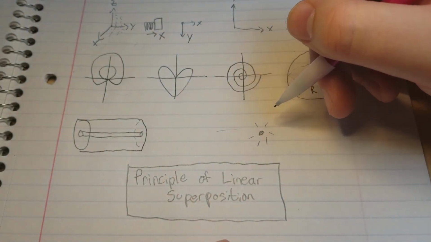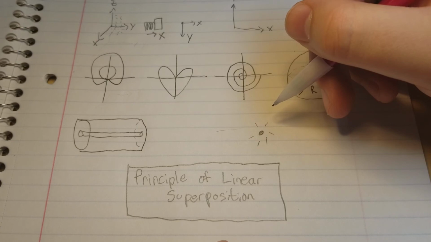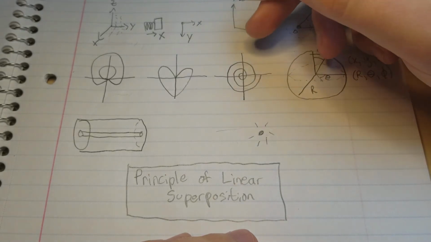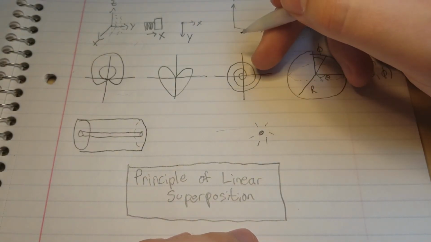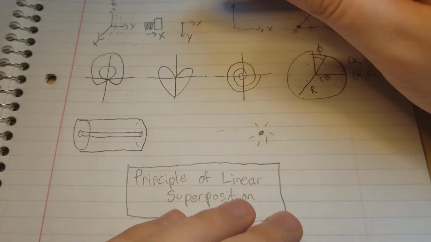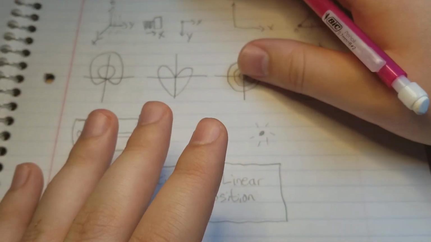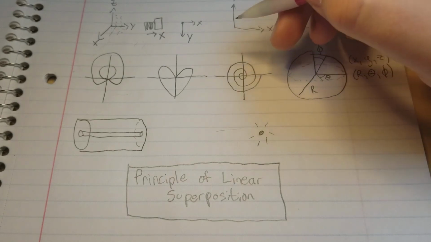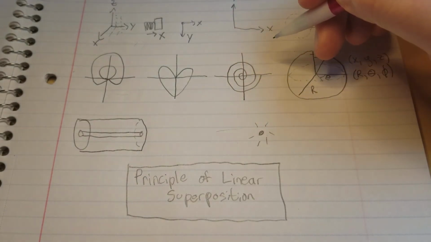Whenever you have some sort of either conservative vector field or you have some sort of change in energy that allows you to move things or adjust things in nature, I can deal with any sort of multitude of those forces or vector fields in such a way that I can add each of the individual contributions together.